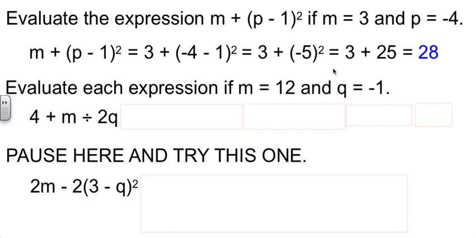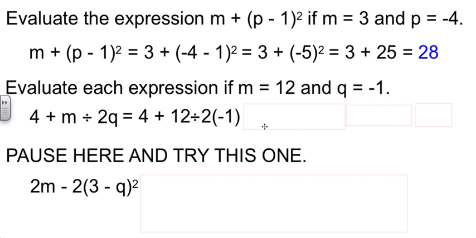Let's do another one where we're evaluating expressions. This time we have a value of 12 for m and negative 1 for q. And we have the expression 4 plus m divided by 2q. First off, we're going to substitute in the values. 4 plus 12 divided by 2 times negative 1.